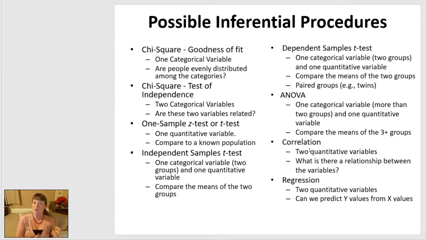There will be 25 old multiple choice questions from the previous exams. There will be 25 new multiple choice questions that cover ANOVA, correlation, regression, and chi-square. There will be 25 old essay or calculation questions from previous exams, and then there'll be 25 new calculation questions.